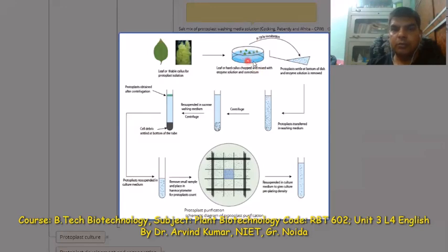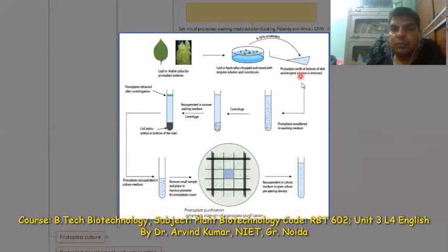Then we incubate it with the enzyme solution, and the osmoticum is there so that the protoplast cells won't get damaged after isolation. There is an incubation period of 16 to 18 hours. Then we find the protoplast settled at the bottom of the dish, and the enzyme solution is removed.